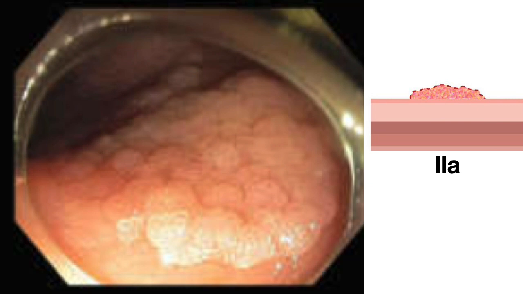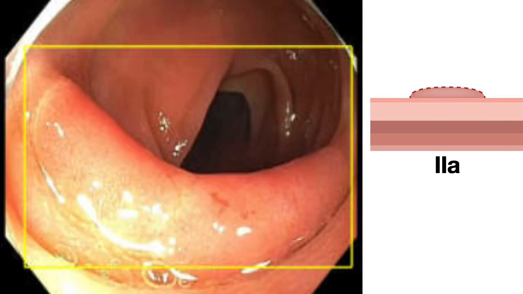It is a 2A lesion, more than 10 millimeters, with a granular surface, otherwise known as a laterally spreading tumor of the granular type. On the other hand, here the lesion is smooth and slightly elevated, that is a laterally spreading tumor of the non-granular type.